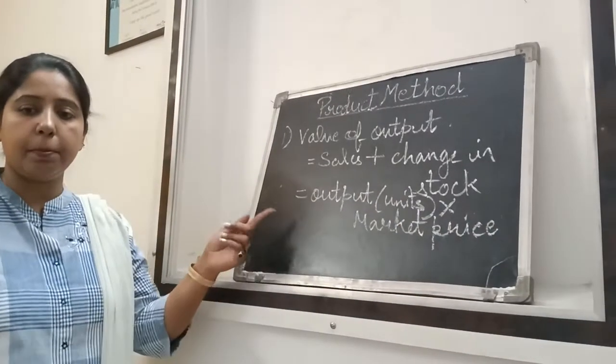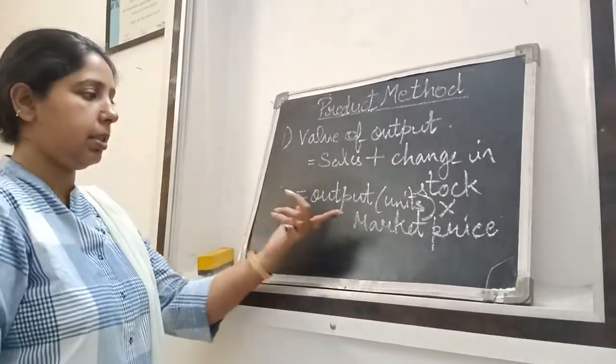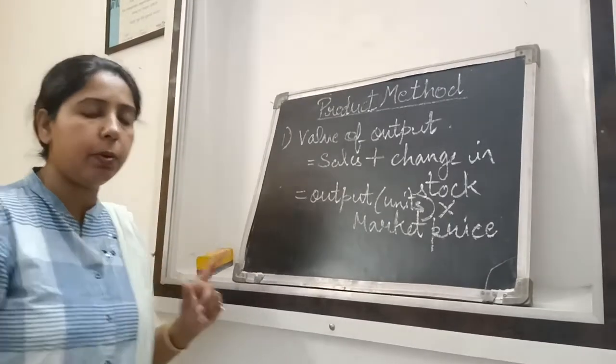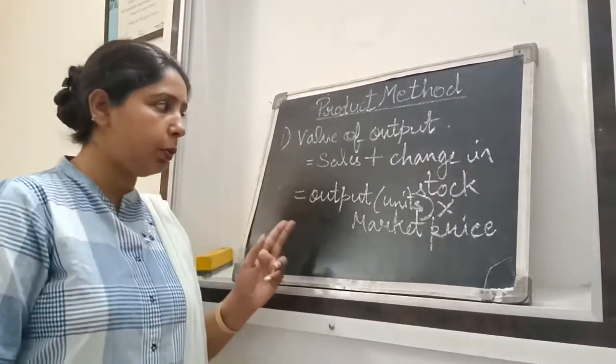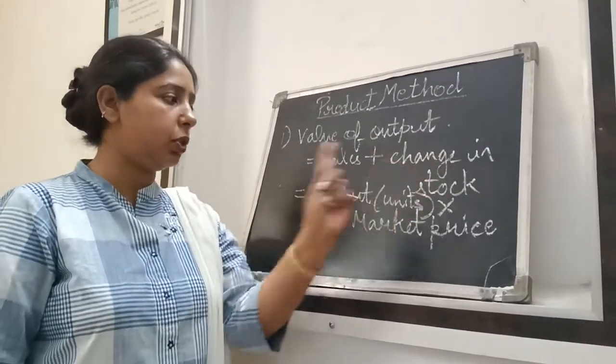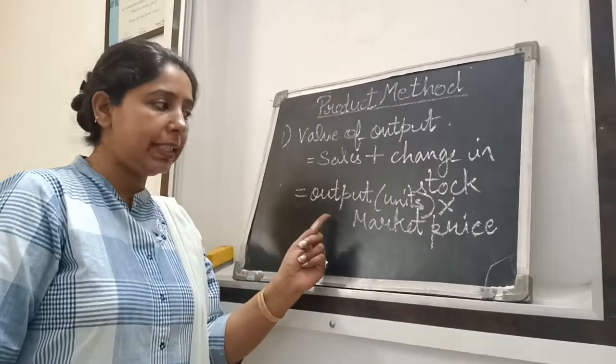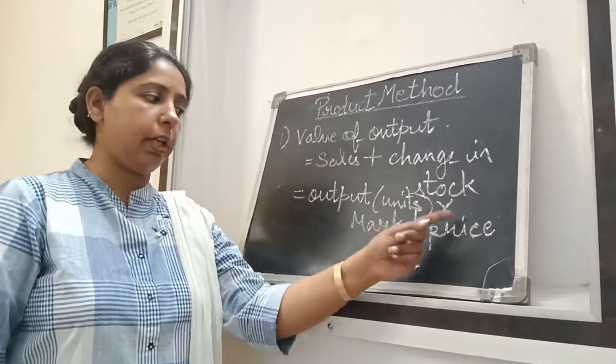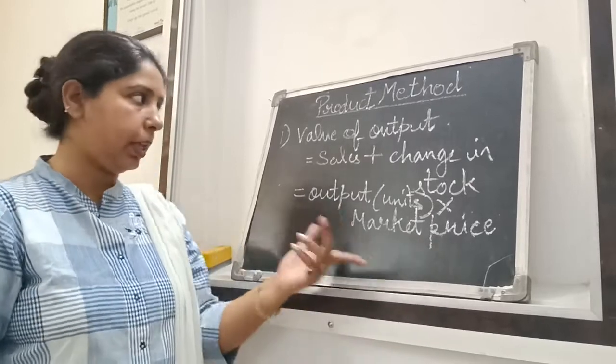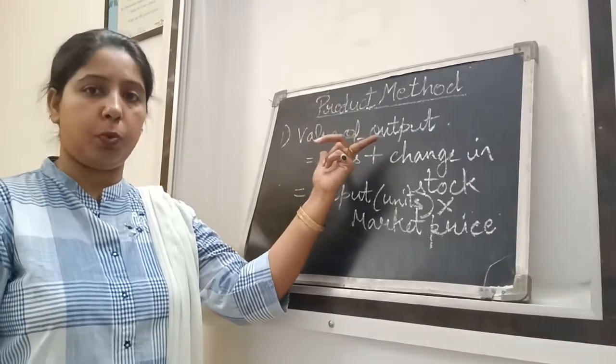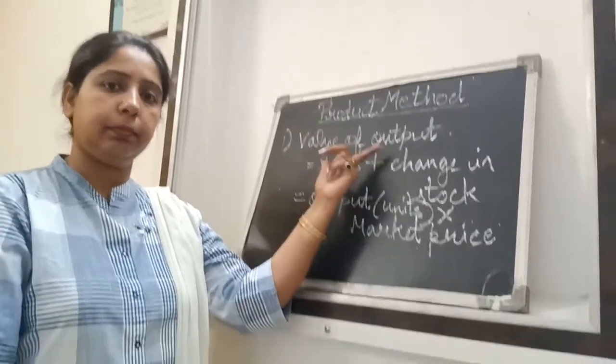So we can find out the value of output in two ways, sales plus change in stock, or units of output given, into market price. We get the value of output. Is it clear?